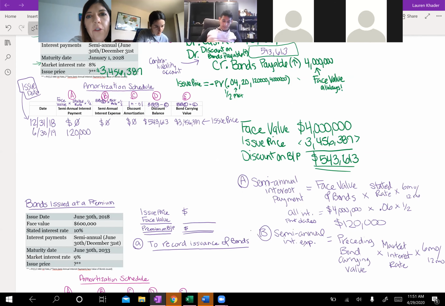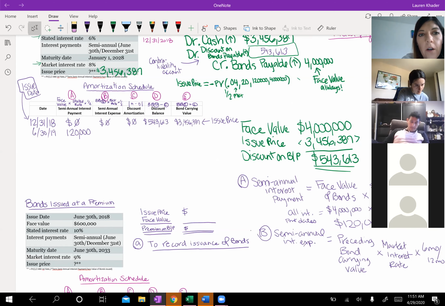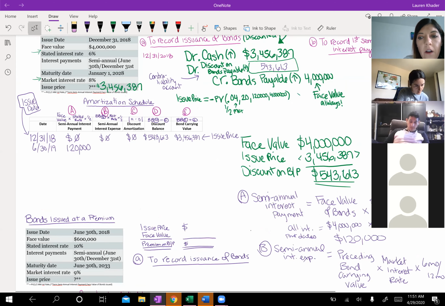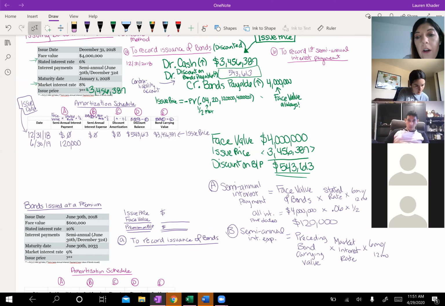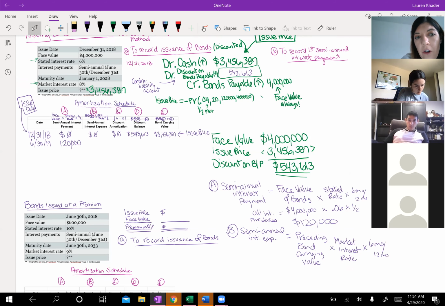So we're taking into account that market interest rate here, and we're going to multiply that market interest rate of 8% times 1/2, and we're going to multiply it not times the face value, but times the preceding bond carrying value.